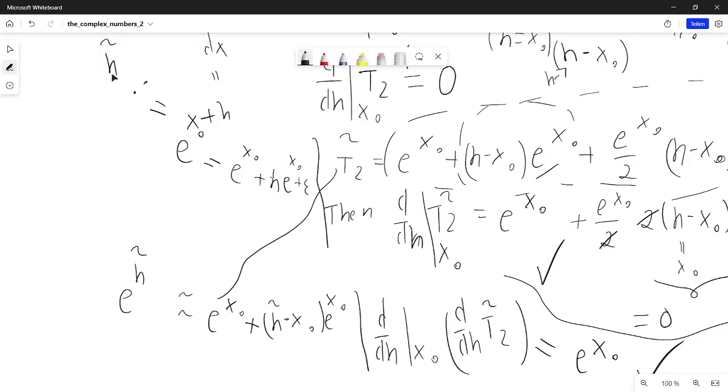So I could define this variable like this is x0, this is this h, and I just define this point itself to be h tilde, right? And then this gives you that.